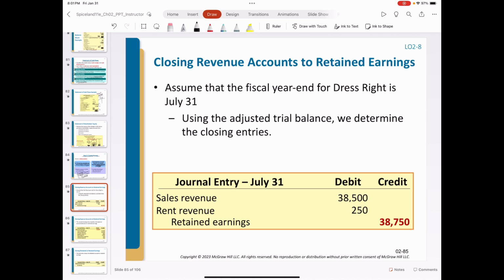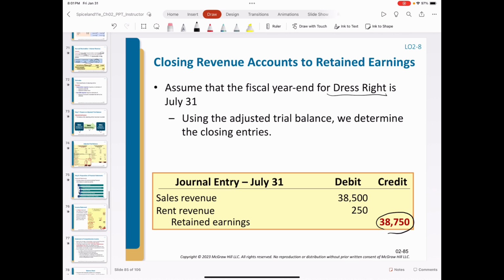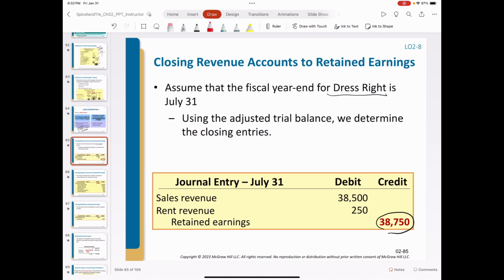During this month, July, the company recognized 2 revenues. The sum of the 2 revenues was 38,750. And we can go back to the adjusted trial balance. That's the 2 revenues, total credit 38,750. We just debit the revenue accounts.